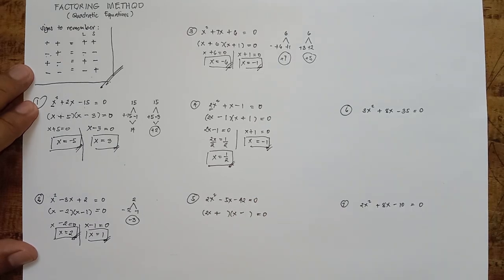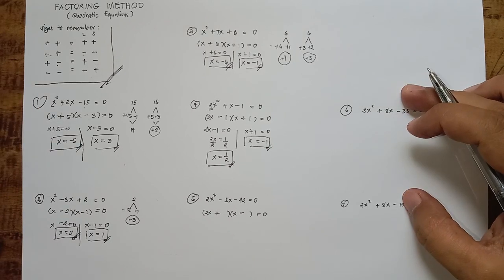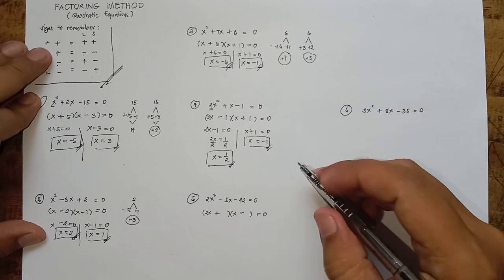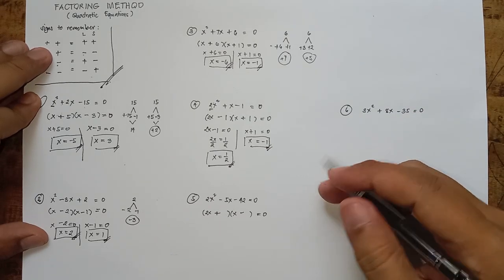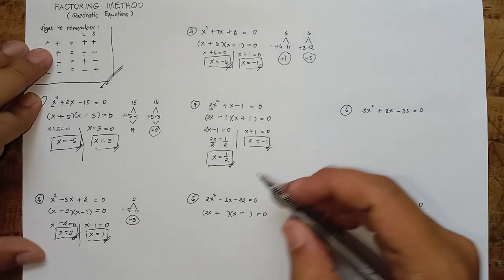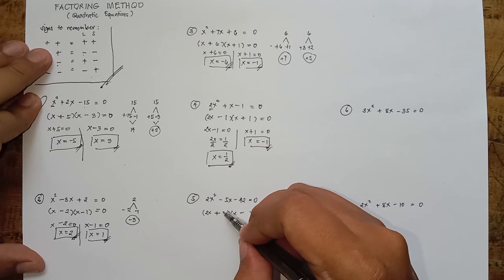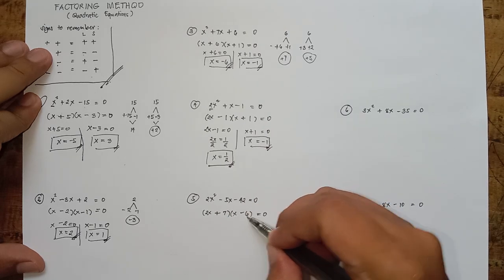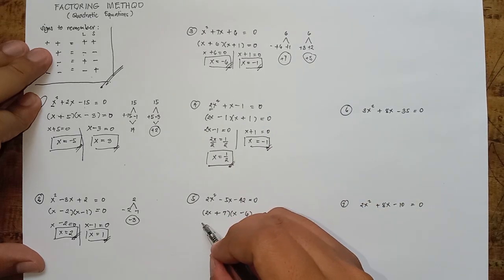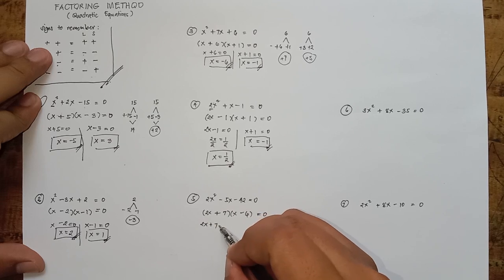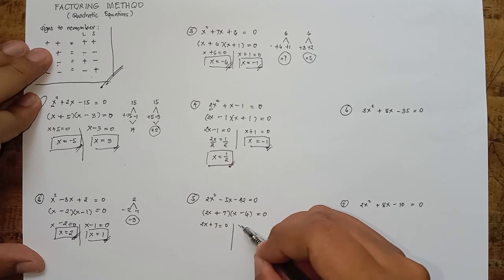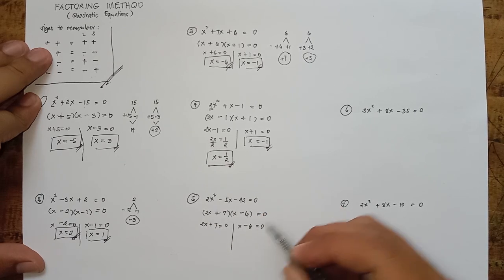Then the factors of 42 are 7 and 6. There are other factors, but we can simply use 7 and 6. So 7 for the larger number, 6 for the smaller number. So that would be 2x plus 7 is equal to 0, and x minus 6 is equal to 0.